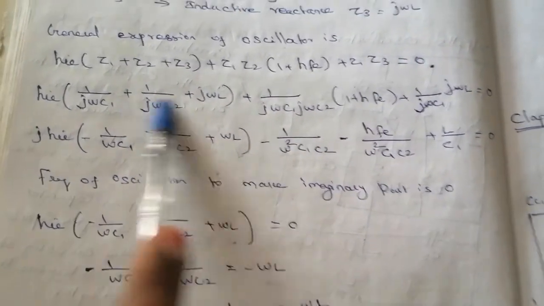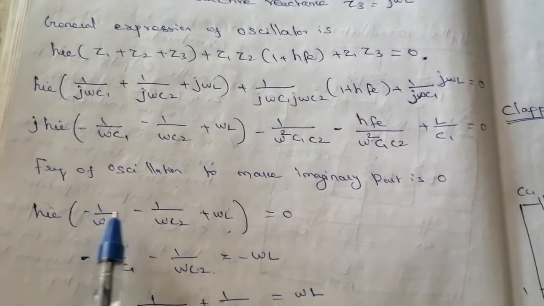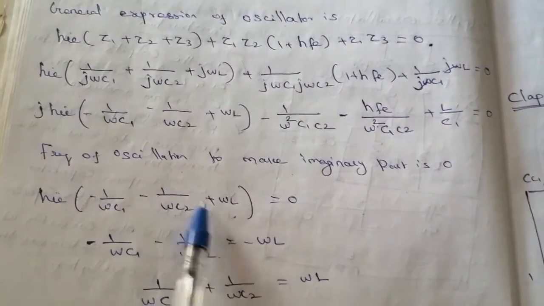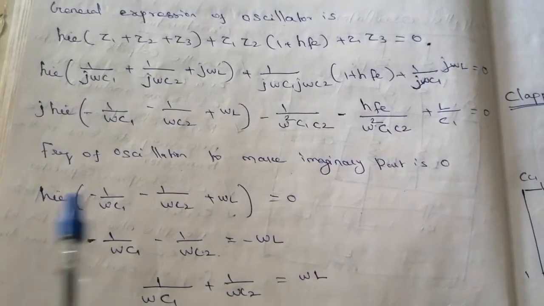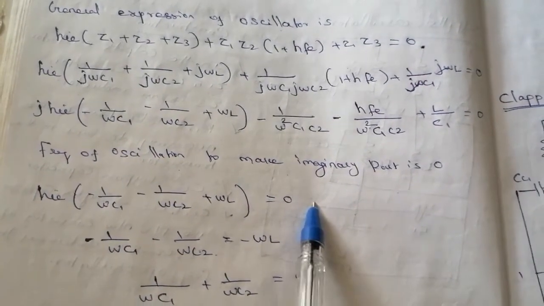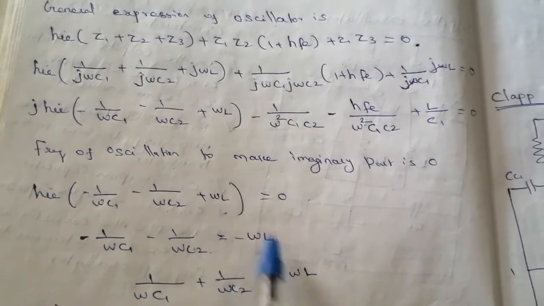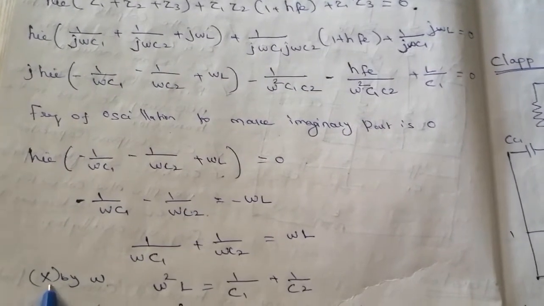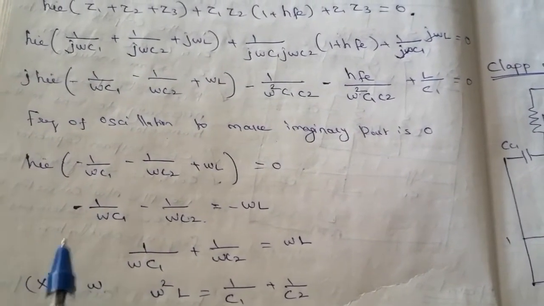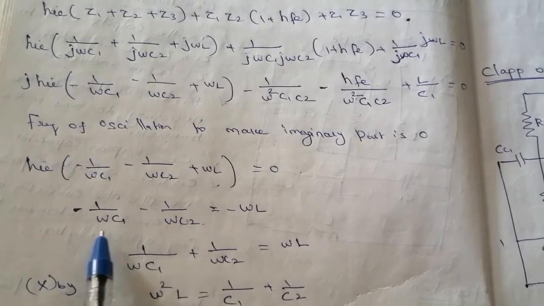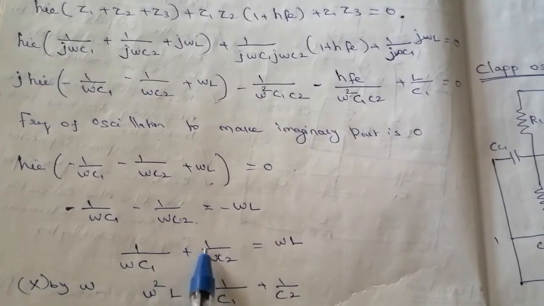This portion is the imaginary part. So minus 1 by omega C1 minus 1 by omega C2 plus omega L equals 0. So omega L equals 1 by omega C1 plus 1 by omega C2.